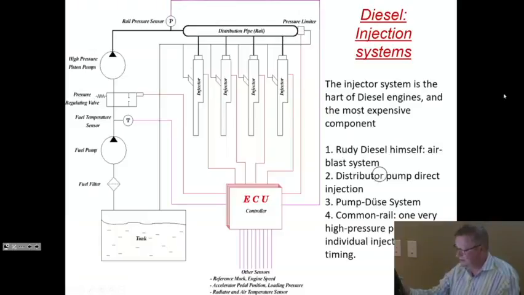Instead of the old distributor system, where the high-pressure fuel pump would go to each cylinder in time, and the timing would be done by the fuel pump. This is a more efficient system. It's also more expensive.